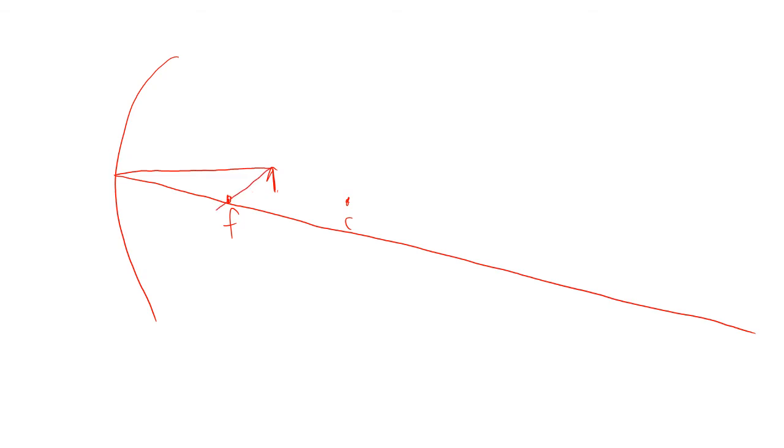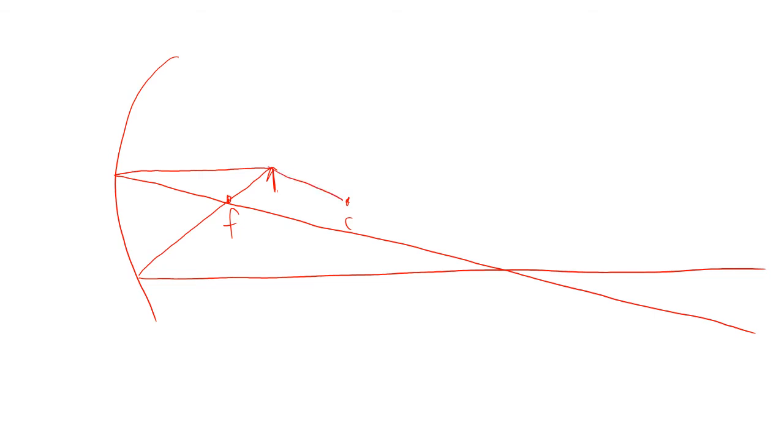Okay, now to draw a ray diagram, you draw a line straight towards the mirror, and it goes back straight through the focal point. Then you draw a line that goes straight through the focal point, and then it hits the mirror and goes straight out this way.